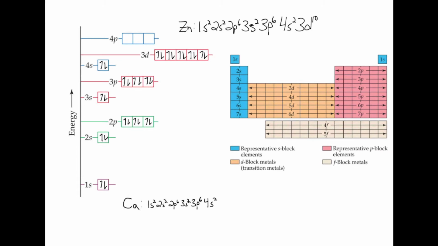The way we do that is for any particular element that we wish to write a condensed electron configuration for, we locate it on the periodic table, and then we locate the noble gas above it. The row above it would be this third row of the periodic table, and the noble gas is always the last one on the right, of course. So for the case of zinc, this particular noble gas is argon.